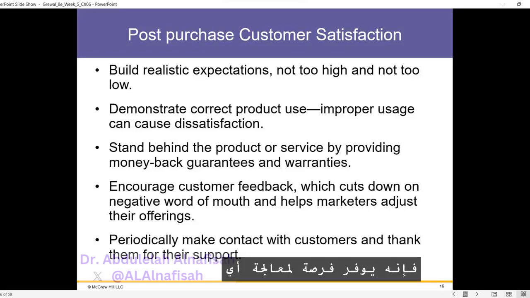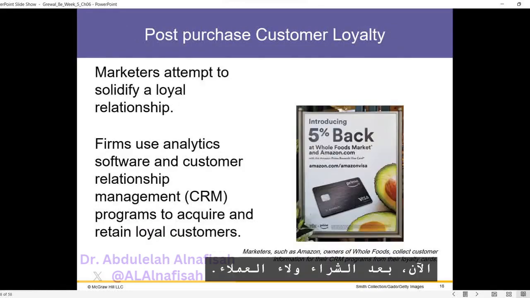Additionally, it provides an opportunity to address any potential problems or concerns and further enhance the customer experience. While personal contact may be more expensive than electronic or postal mail, it can have a stronger impact in creating customer loyalty and satisfaction.